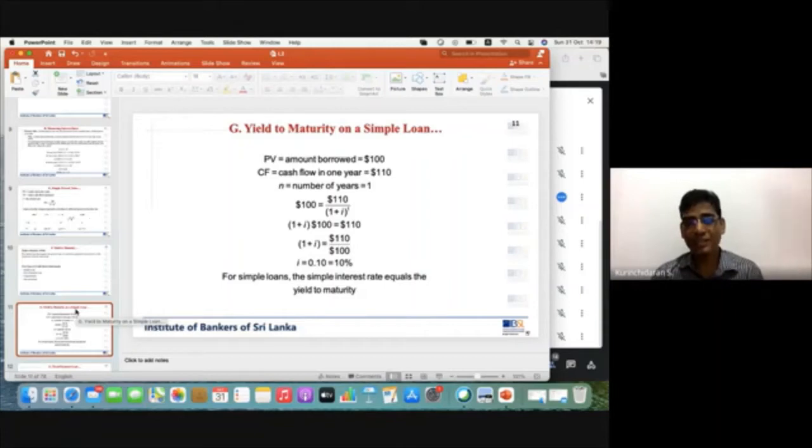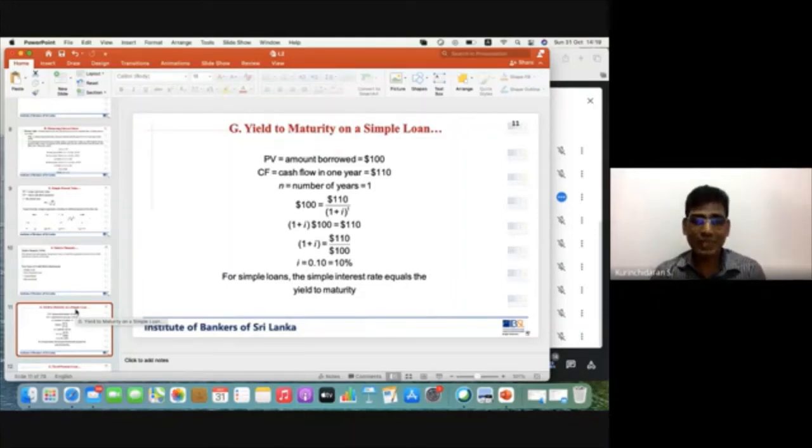I'm giving 100 bucks today, and after 1 year you're going to give me 110 bucks. So what is the yield to maturity for me? It's similar to the previous present value. What is the present value? 100 bucks. How much are you going to give after 1 year? 110 bucks. How many years? Only 1 year, right?